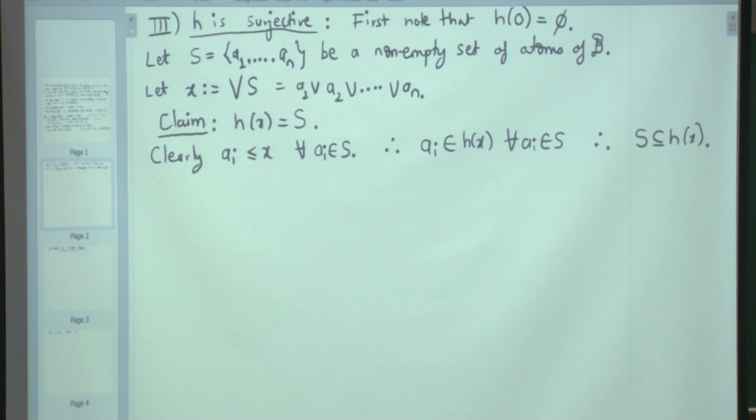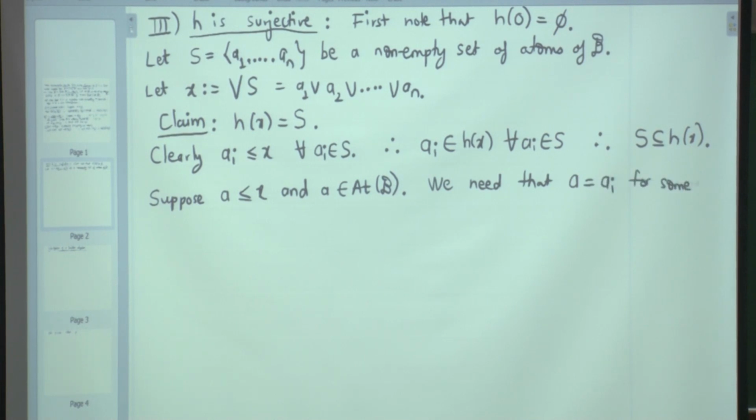Suppose A is less equal x and A belongs to the set of atoms. Then we need to show that A is one of the Ais. Then we will complete the proof. We need that A is equal to Ai for some Ai in S. All of you agree with that?